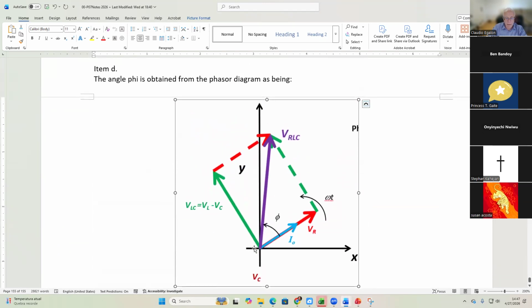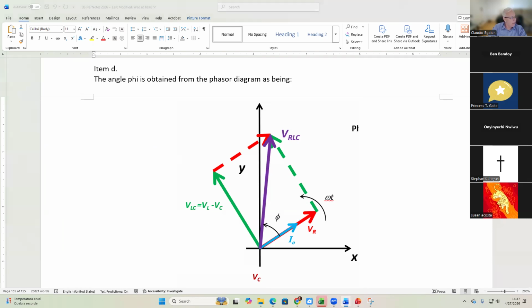Look here, we have a right angle triangle right here. So, tangent of phi is going to be VL minus VC over VR. That was the tangent of phi.